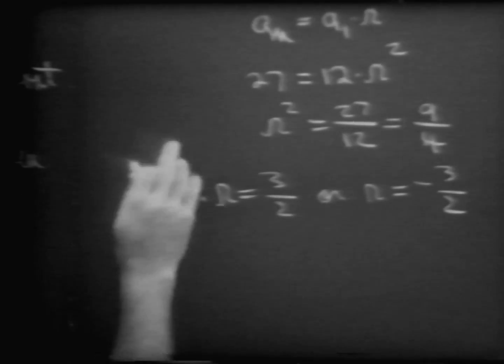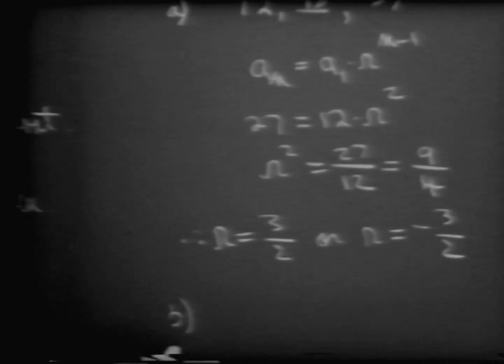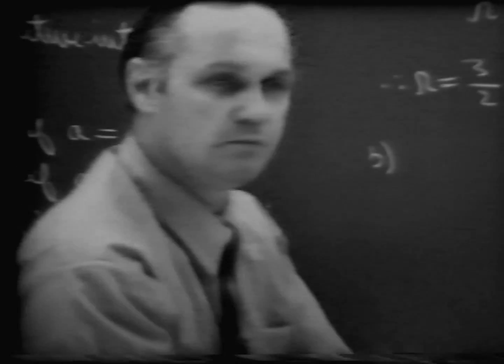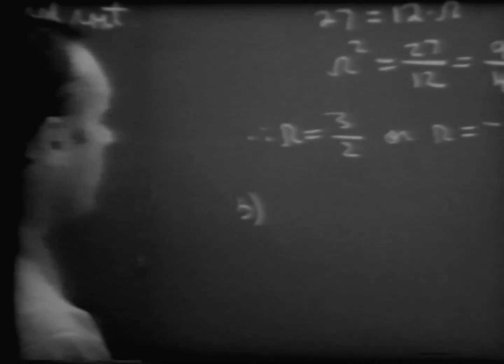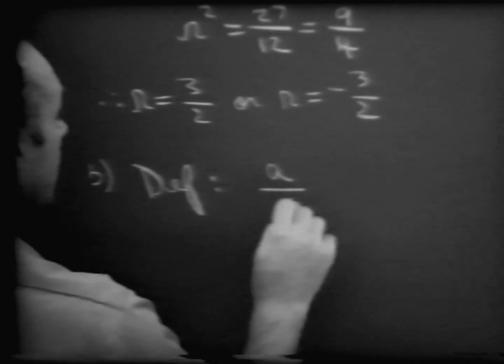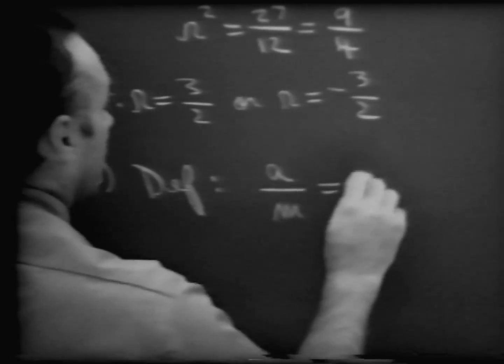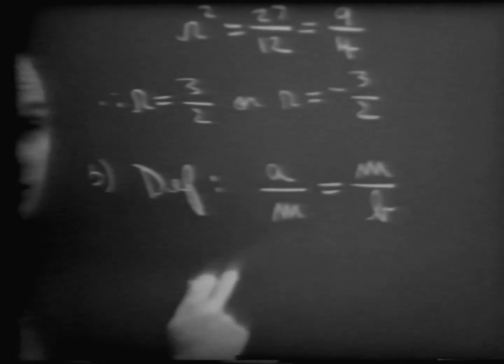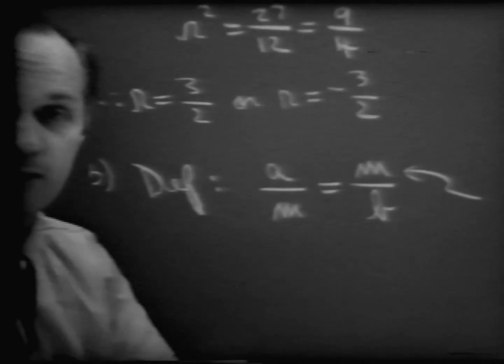Now, the reason I selected this problem is because there's a definition of the geometric mean that I think you are familiar with, one that you've seen before, in which suppose I had 2 numbers a and b. That number m, which I am writing in terms of this proportion, is given a special name, and in fact, does anybody remember there were 2 different names that we gave it?